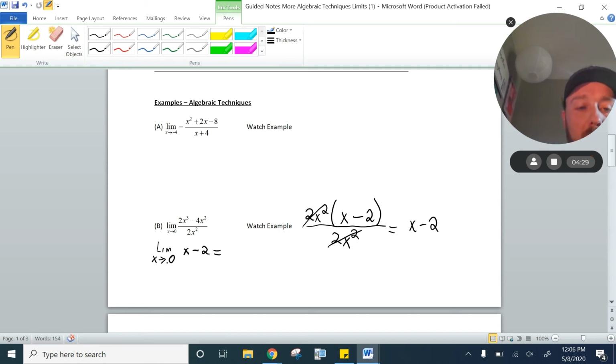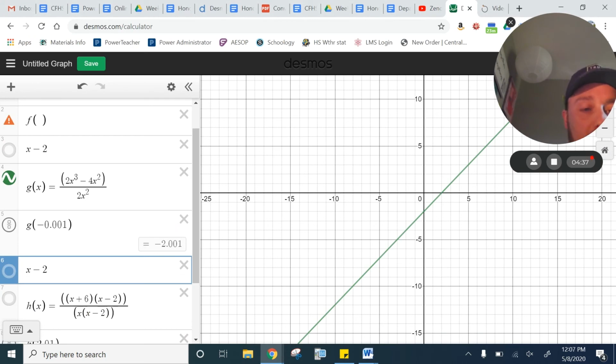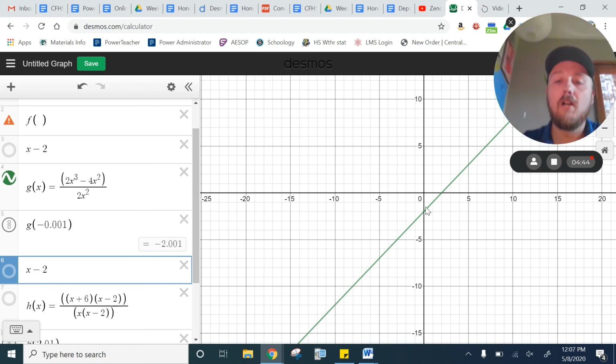Well, we can plug it directly in. 0 minus 2 is -2. Algebraically, we just proved what we did graphically: approaching 0 from the left or from the right, doesn't matter, the limit is -2.